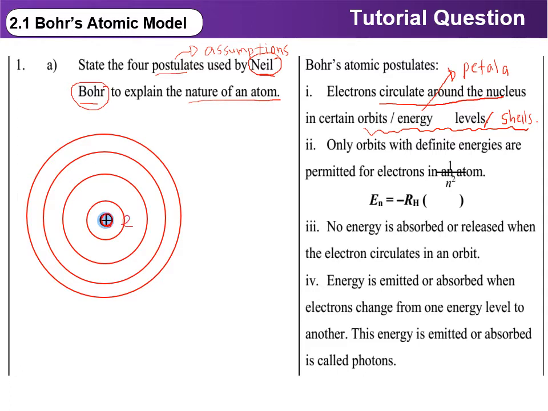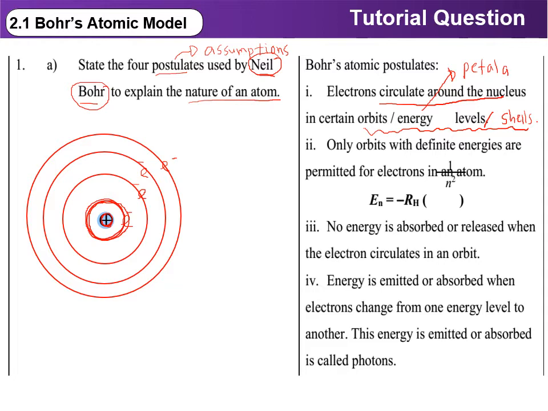If I have the electron, it will always be moving, circulating in certain orbit or energy level. This means that the electron will not move in between two energy levels. They will always just move in the orbit. So this is incorrect: the electron will not be in between two shells.